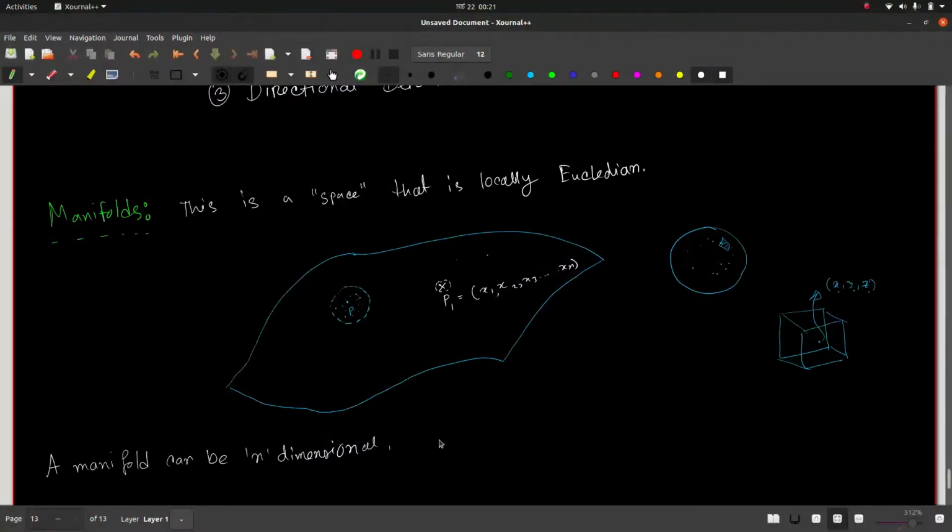That is what the dimension means, and typically if it's n-dimensional and all the entries are real, then it is written as R to the power n. This is what an n-dimensional manifold would look like. So this is the informal definition of a manifold.